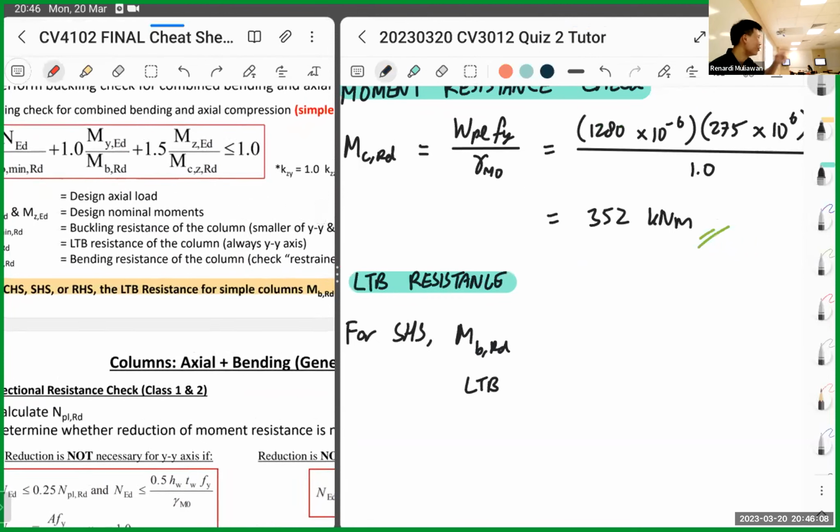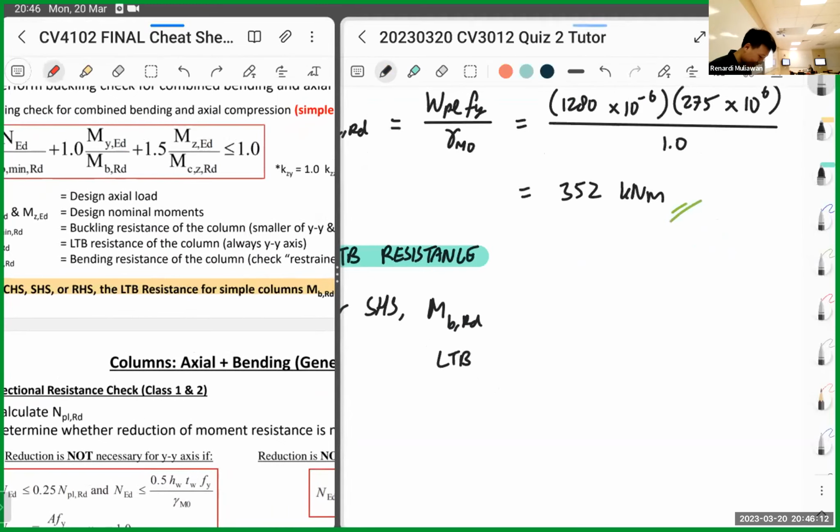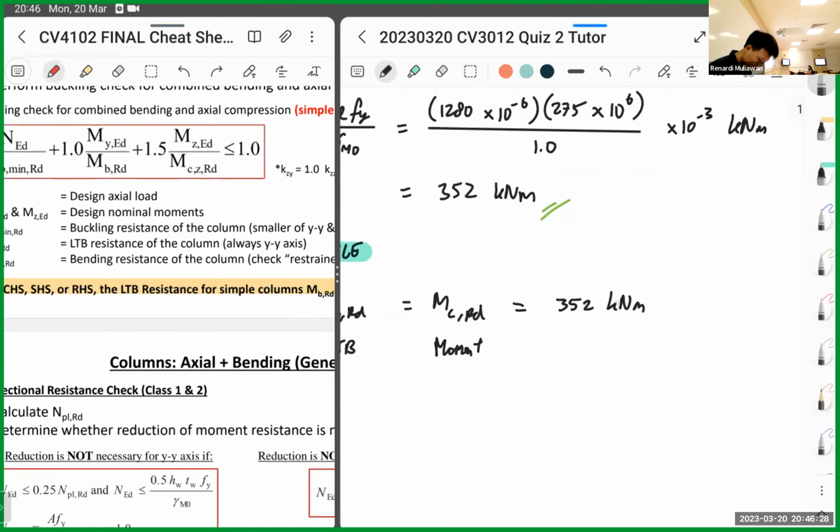I don't know about the letters, but just say that MBRD is equal to MCRD. So this one is from the moment, which is 352. Done. So we have the three resistances.